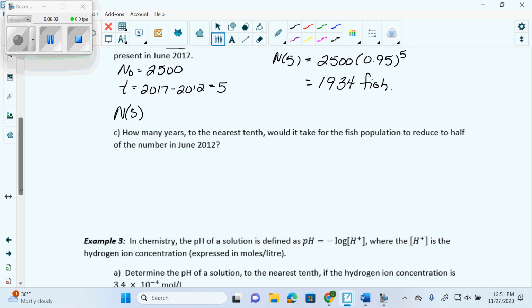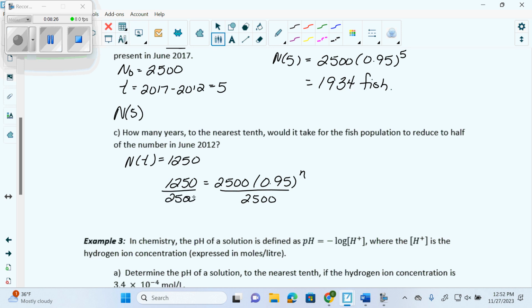Then it says, how many years to the nearest tenth would it take for the fish population to reduce to half? So N of t would be 1250. The rest would stay the same. So I would get 1250 equals 2,500 times 0.95 to the n, divided by 2,500. 0.5 equals 0.95 to the n.